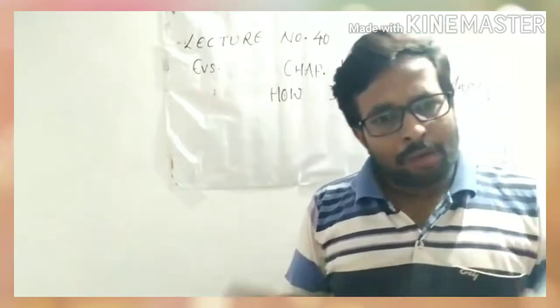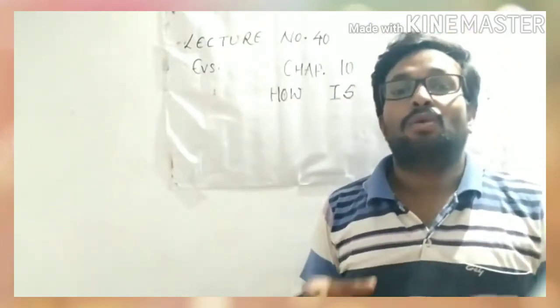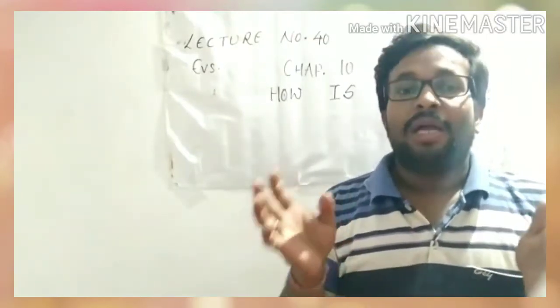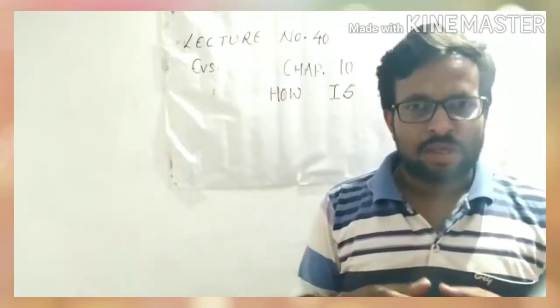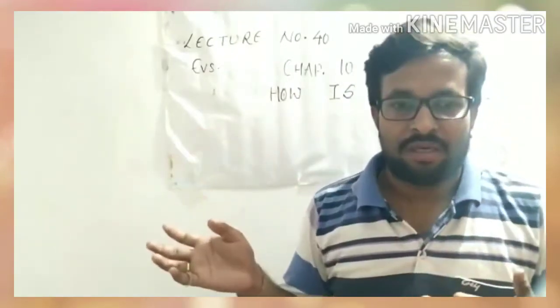Pure iron is obtained. This iron is very soft, and this is called pure iron. Understood? And because this iron is very soft, that's why we call it sponge iron.